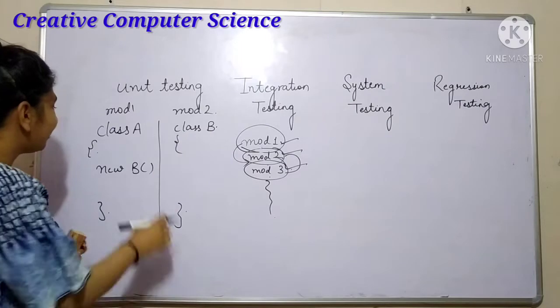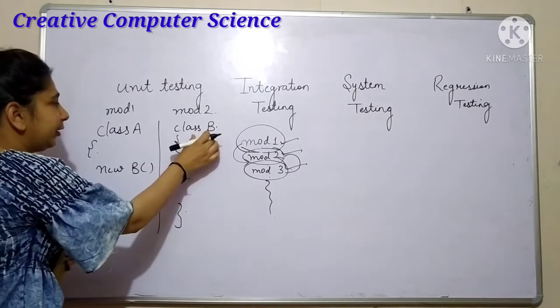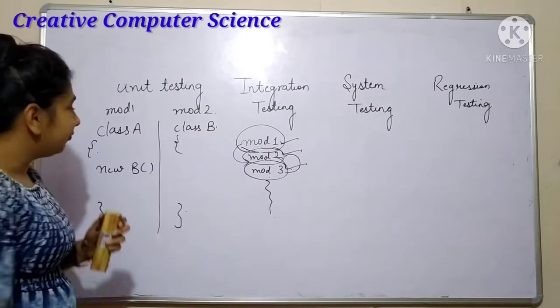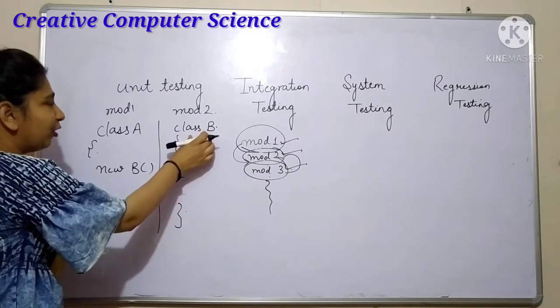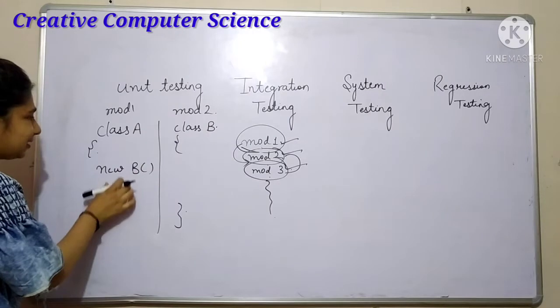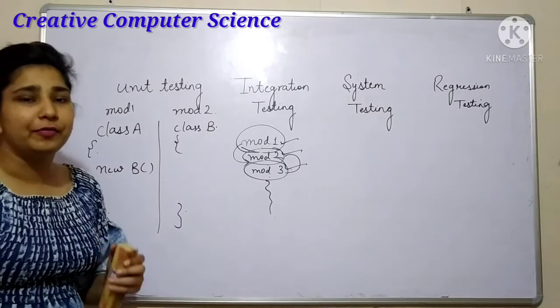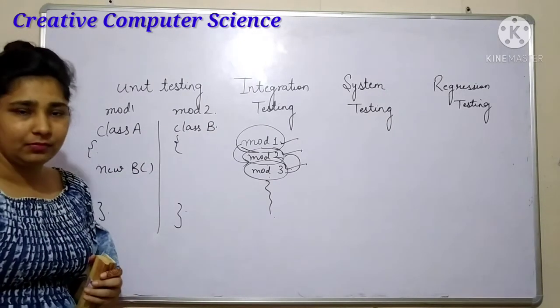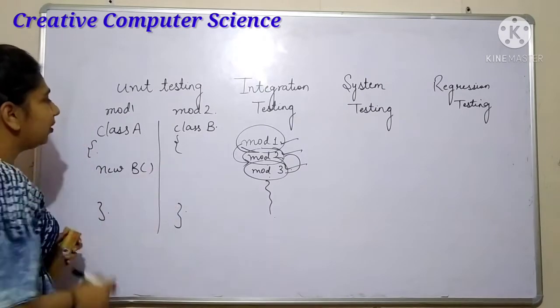Your first module is completely dependent on the other module. Only once it gets the output of the second module will you execute further in your first module. So this is the problem.